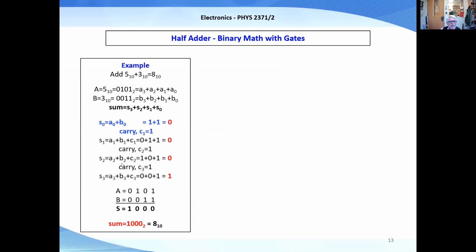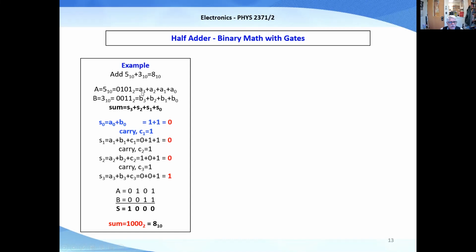Okay, so here's the math. You want to add two numbers in base 10, a 5 and a 3, which is 8 in base 10. So you're going to write 5 in base 2 here and 3 in base 2. So the A0 represents the least significant figure, and that's a 1 here.